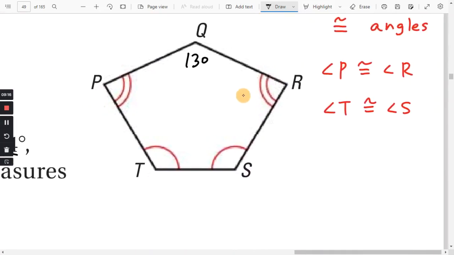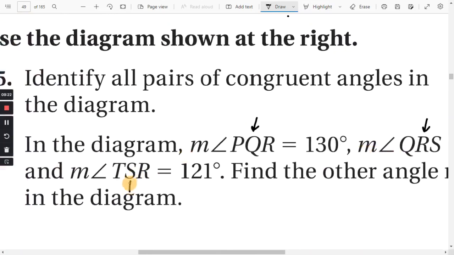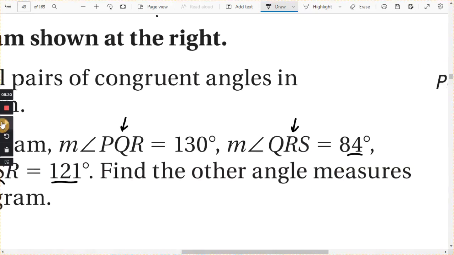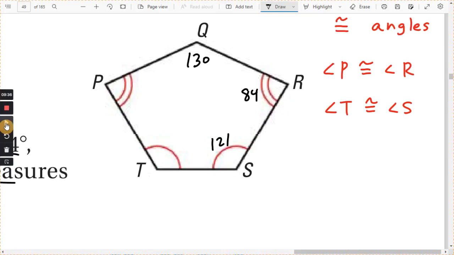And then finally, TSR, go by the letter in the middle. S is 121. And it says find the other angle measures. Okay, pretty easy. So see if you can get the other 2.